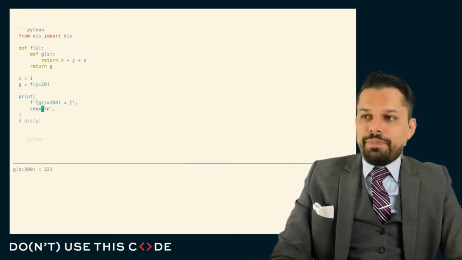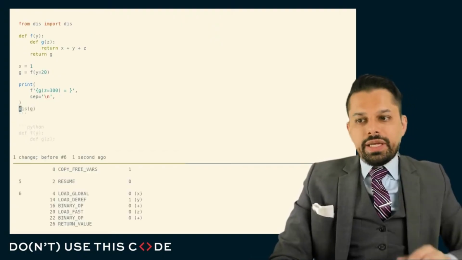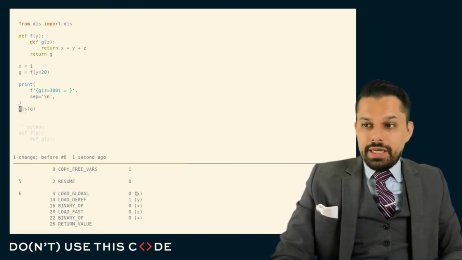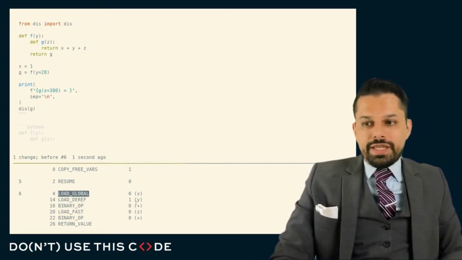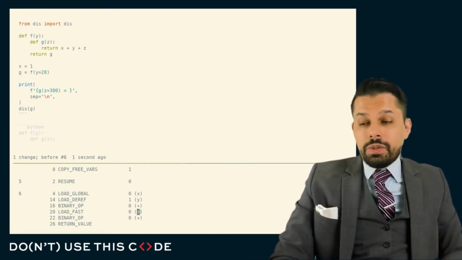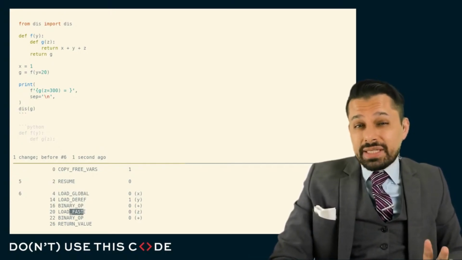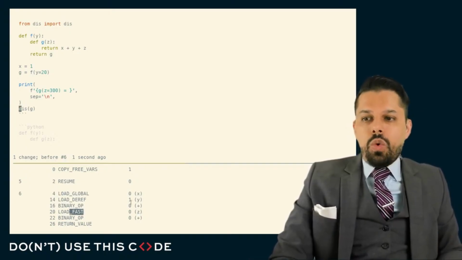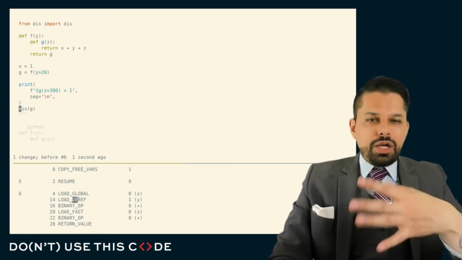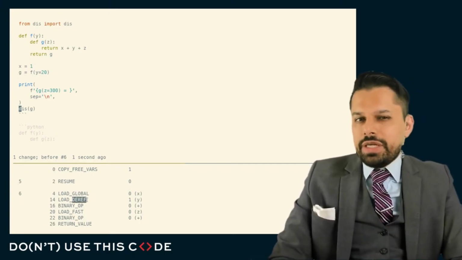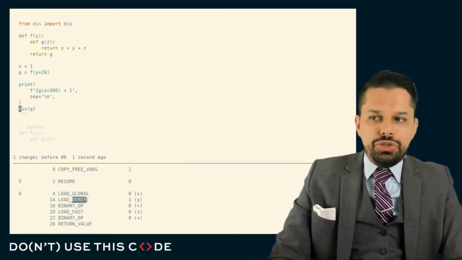Now, if we take a look at the bytecode for G, we'll see something interesting. We'll see that X is determined to be a global variable, that Z is determined to be a local variable, but Python calls this a fast local, and Y is determined to be a closure variable, but it calls it a deref here. You see a little bit of the interesting terminology that the Python interpreter uses.